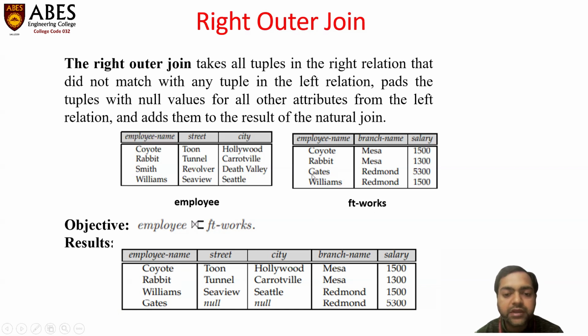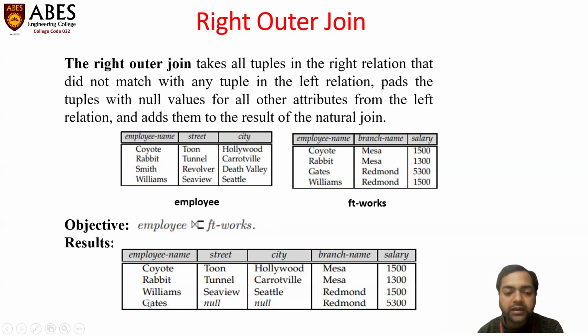Now we have Gates. This Gates does not have a relation with the employee information, right? So in this case, Gates is a tuple that does not have any match tuple from the left relation. So in case of right outer join, we include this Gates information also in our resultant relation.